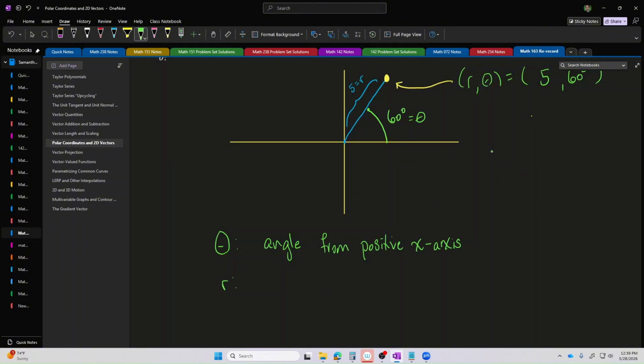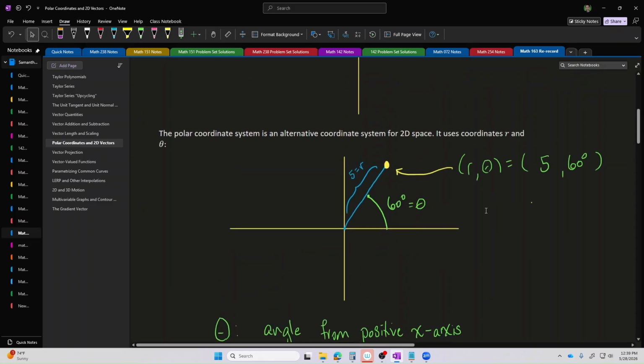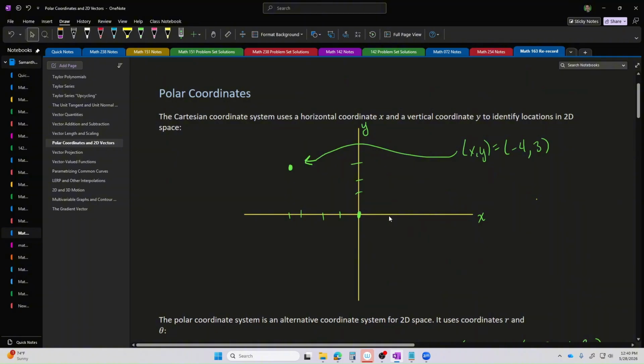And the meaning of r is the point's distance from the origin. We use this angle and this distance to locate points instead of using a horizontal and a vertical coordinate system.